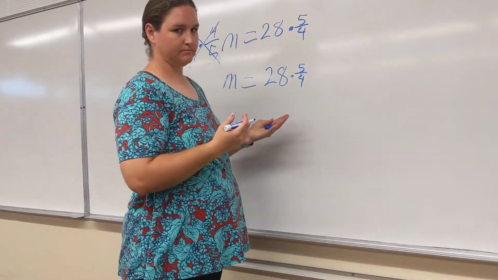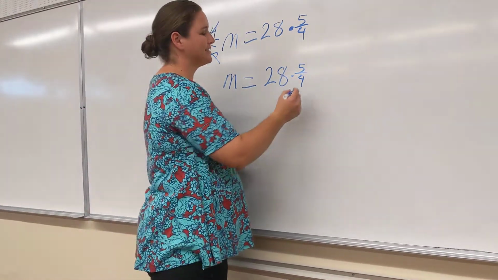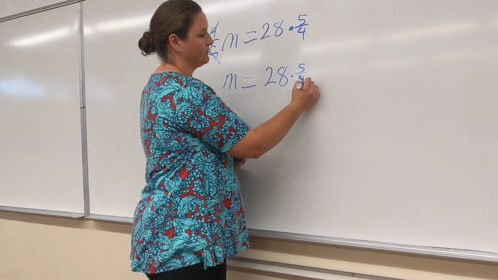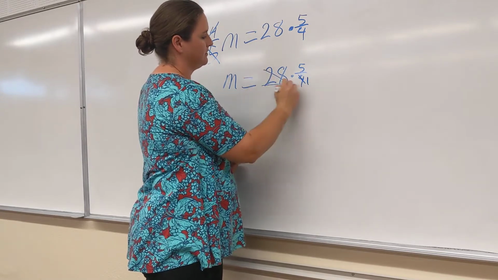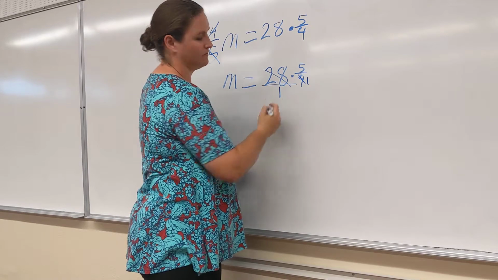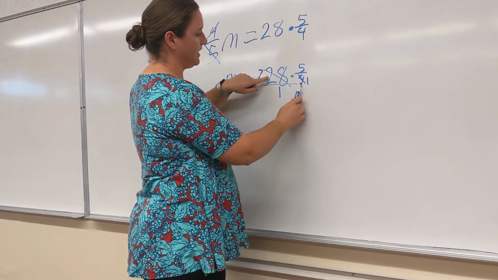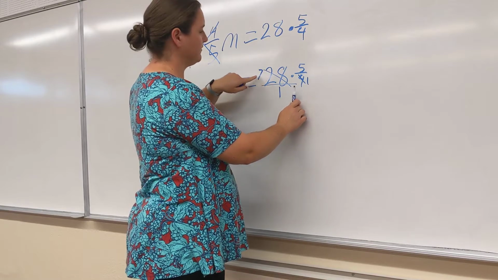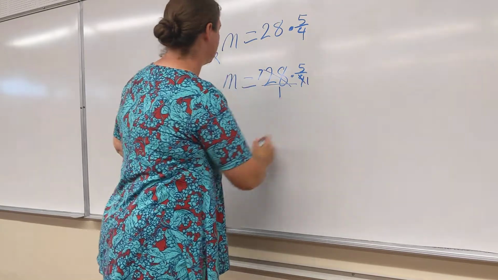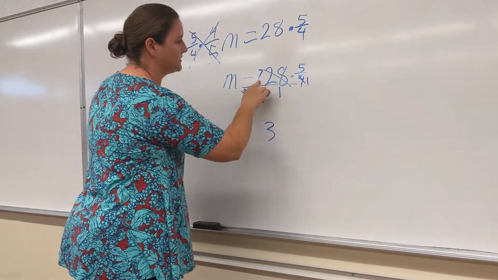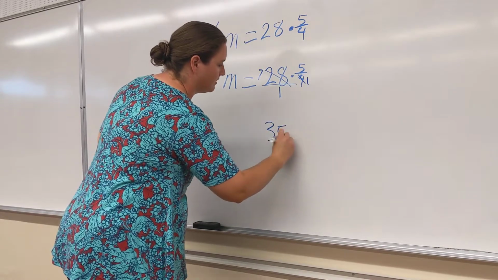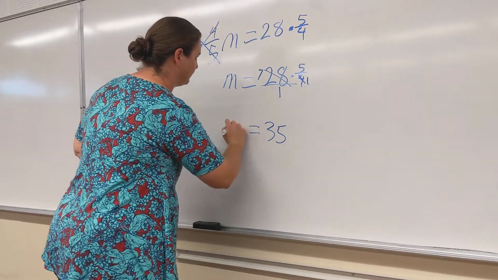Do we stop here? No, we need to simplify. So this becomes 1. This is over 1. This is a 7 because 4 goes into 28 7 times, and that'll leave us with 35 because we have 7 times 5 equals 35.